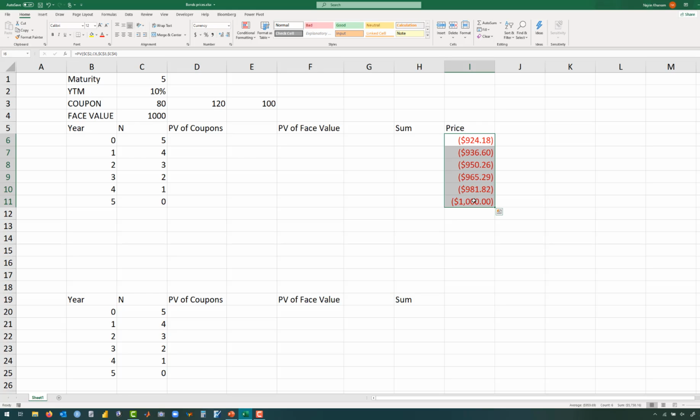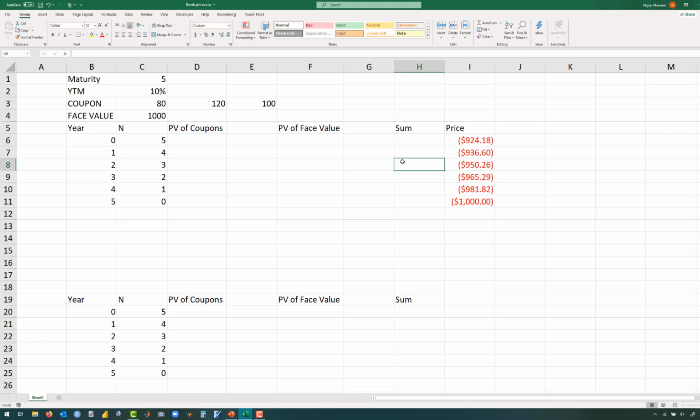Realistically, that's not the case, and a lot of variables do change over time, but say nothing was changing, we just want to understand theoretically what happens to the price of a discount bond as it moves closer to maturity. As maturity goes from 5 to 0, the price of this discount bond goes up until it matches its face value. So that's what happens to the price of a discount bond over time, holding everything constant.